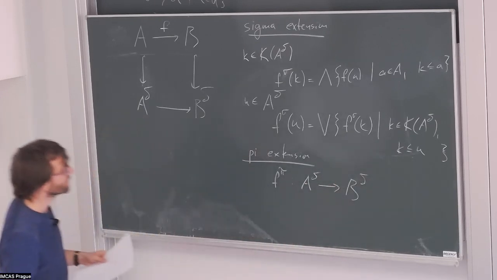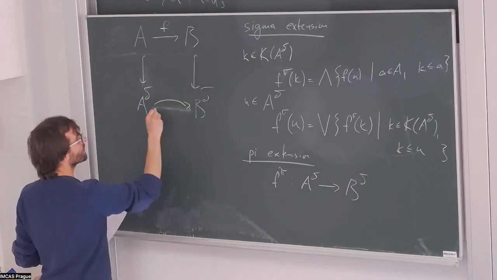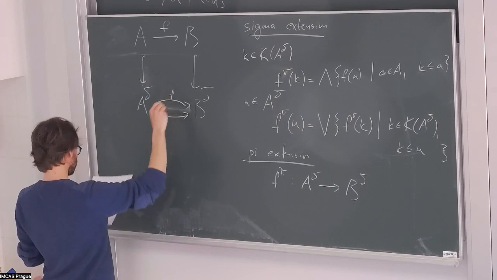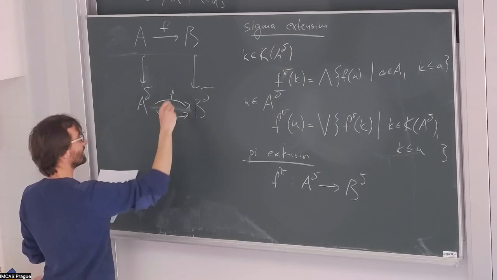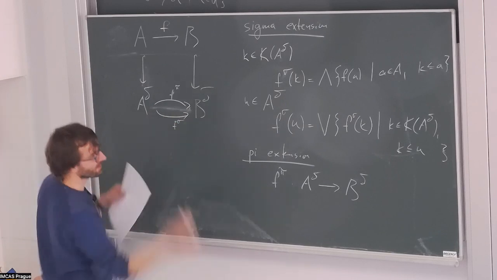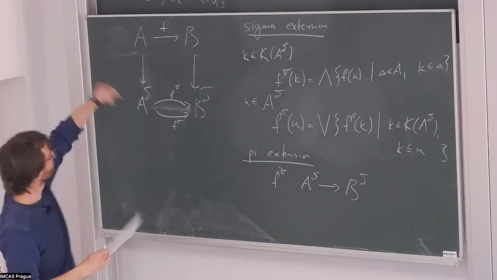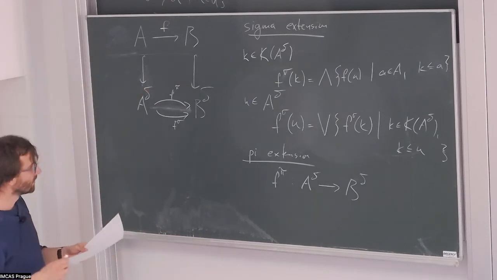So they both are of this type. So we now have two extensions. And I forgot which one is bigger. There is some stuff you can say already about their relationship. One is always less than or equal to the other, but they both commute like this, and that's clear.